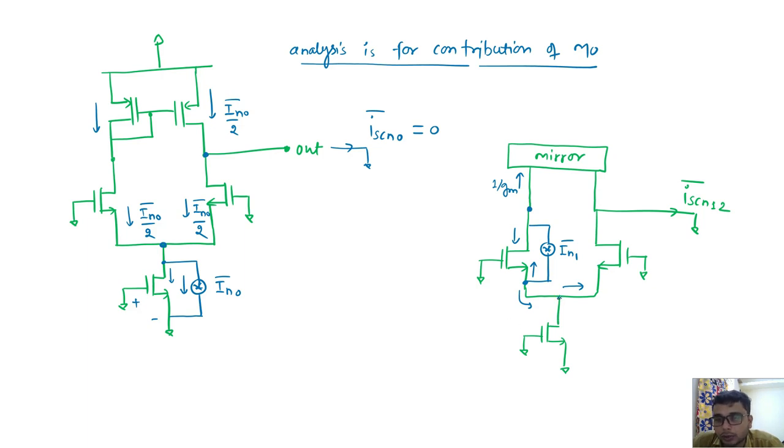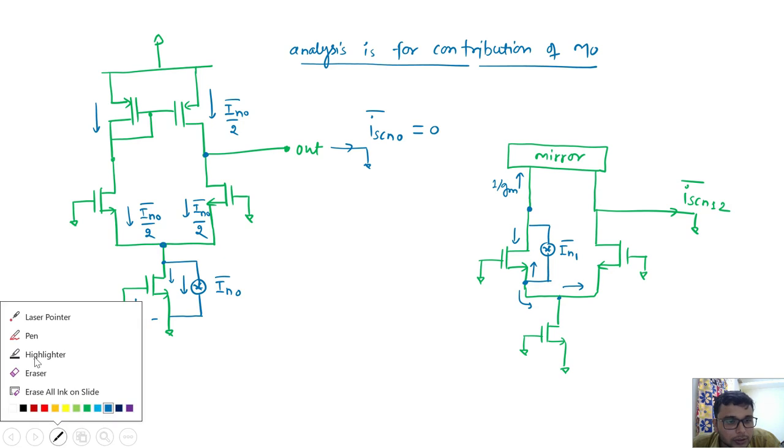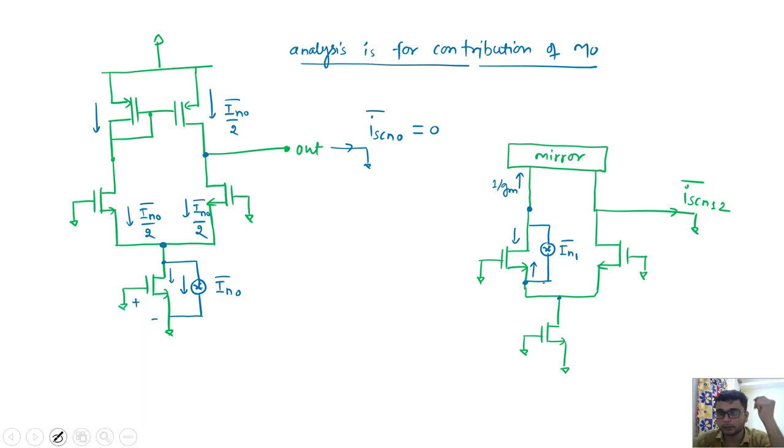So if I am looking at this node, this transistor M1 itself is showing 1 upon gm impedance, and this transistor M2 is showing 1 upon gm impedance at this node. I'll explain this clearly.